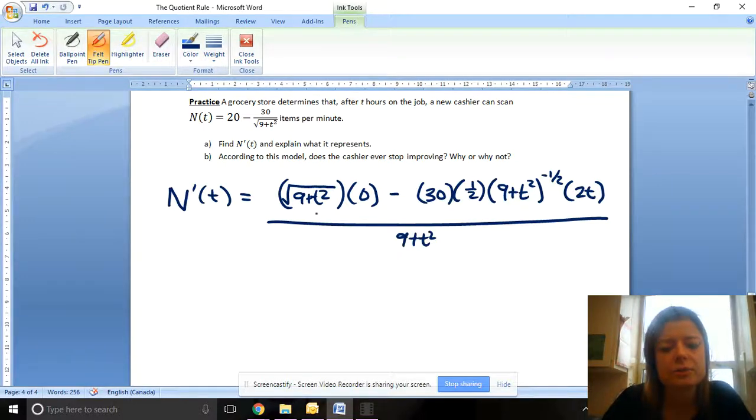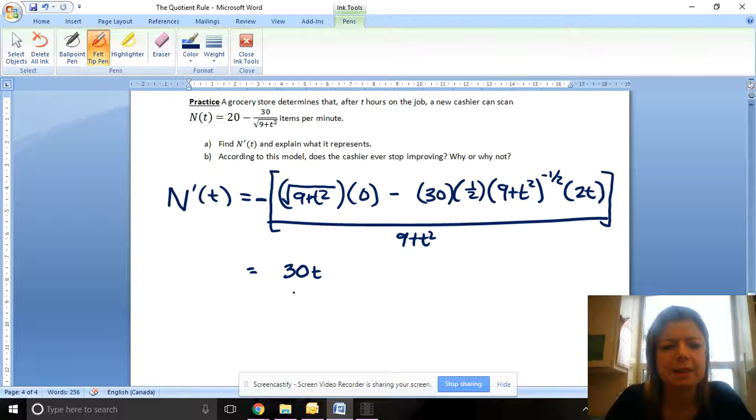Okay, so this just goes away, but now we have the job of simplifying this guy. Well, 30 times a half is 15, but then times 2 again. So I get 30t. And actually, this whole thing is negative out here because of this subtraction. So that's why this ends up being positive.